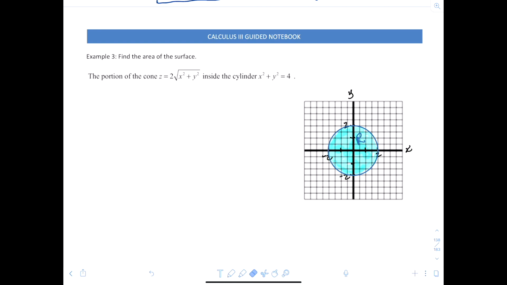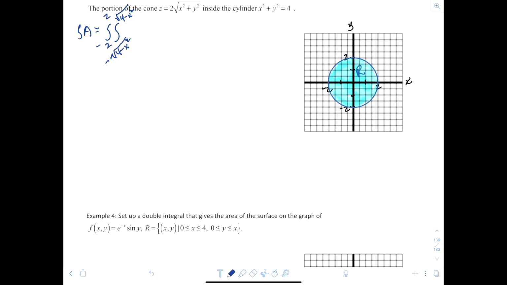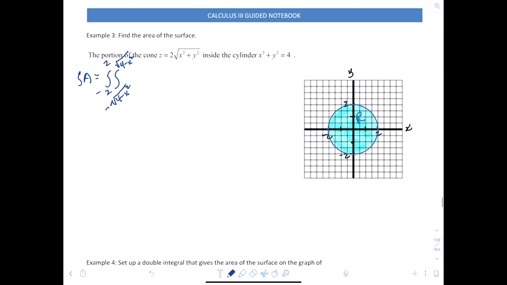So if I set it up with dy dx, the x would be going from -2 to 2, and again you've got the bottom half of the circle when you isolate y, and the upper half, so 4 minus x squared. And we need some info, don't we? Sorry, we need to have our zx is going to be what?